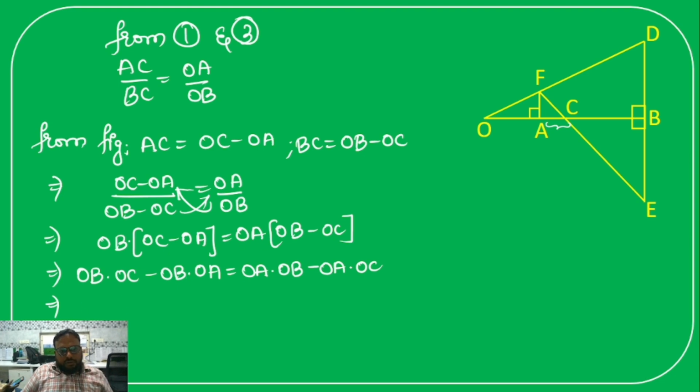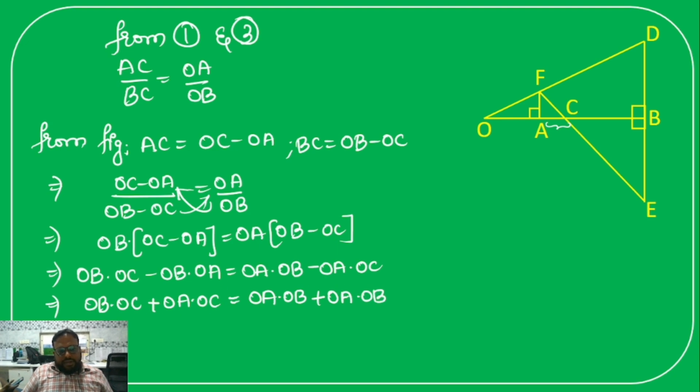So what I'll get now? OB into OC, and this OA into OC will come to the left. So it becomes plus OA into OC is equal to OA into OB, which is already there on the right side, and this minus OB into OA will go to the right side, so it becomes plus OA into OB, right? OB into OA or OA into OB doesn't make any difference.